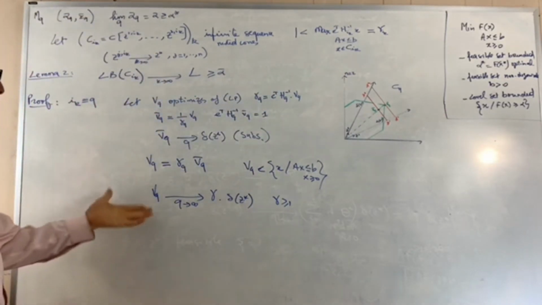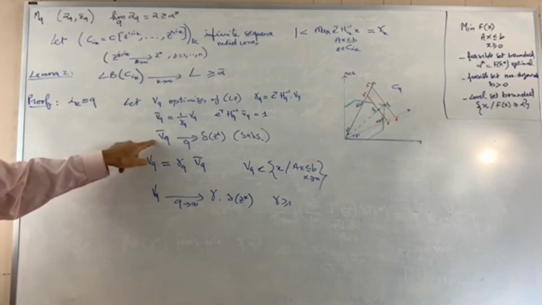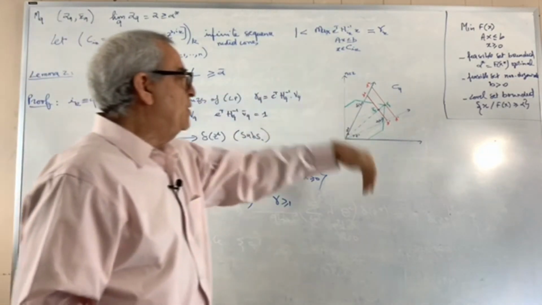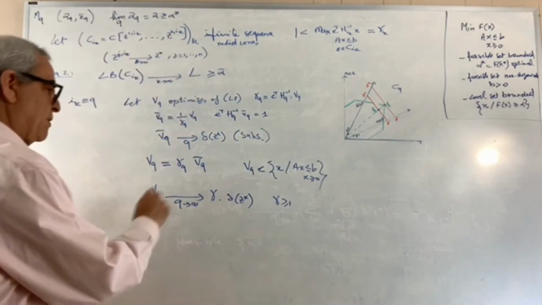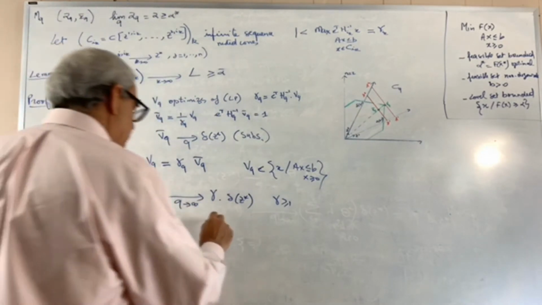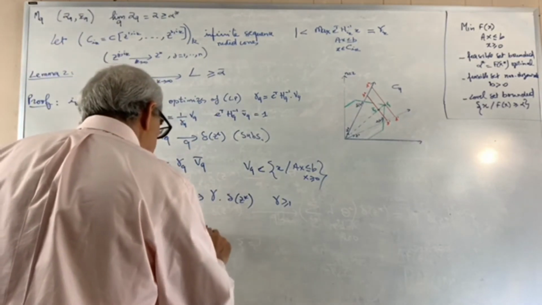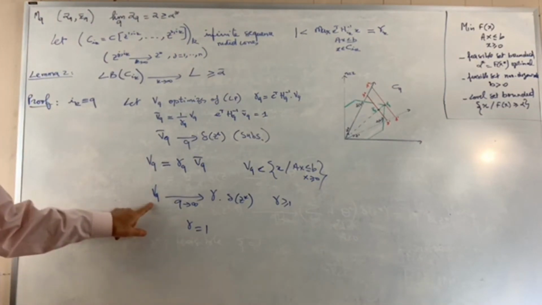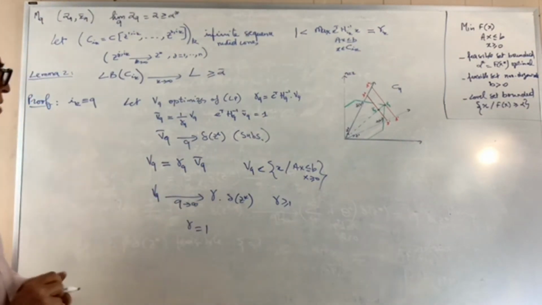Okay, so with the same reasoning as we did for V bar q, remember by definition of delta z star, there is no other point beyond delta z star that's feasible, and therefore here gamma must equal 1. Okay, and therefore v_q also converges to delta of z star.